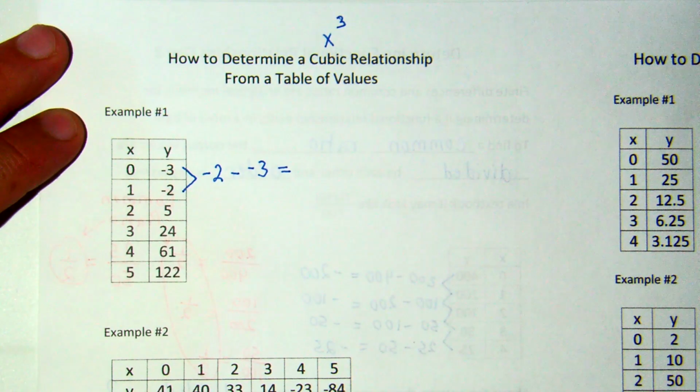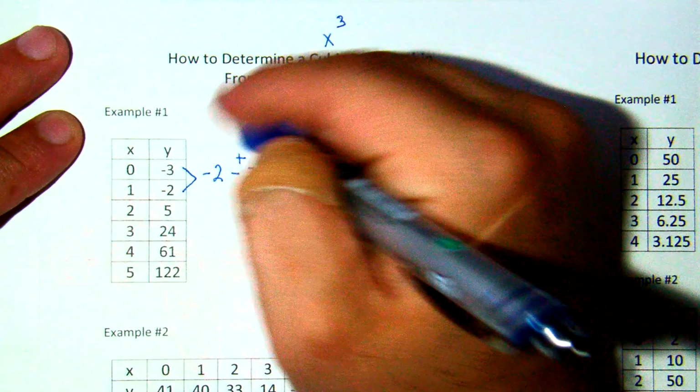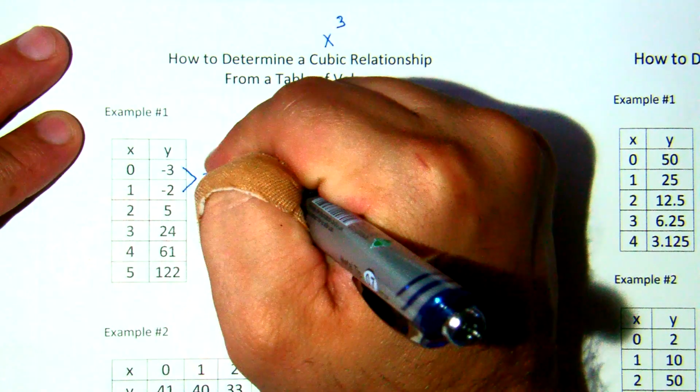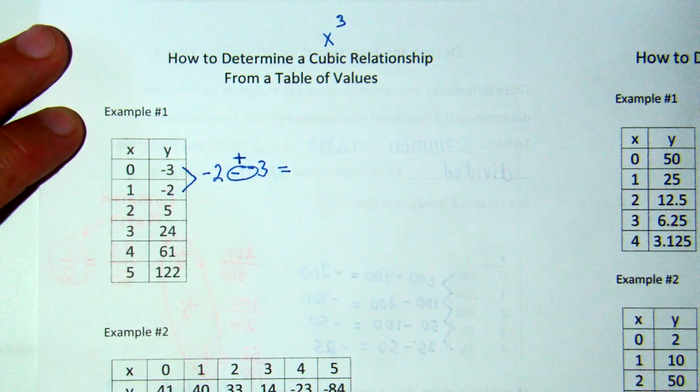Well, here, minus and negative turns us into addition, just like we're adding. And so negative 2 plus 3, so these two would turn into an addition symbol. So negative 2 plus 3, because the negative times the negative is positive, is how we get that positive 1.